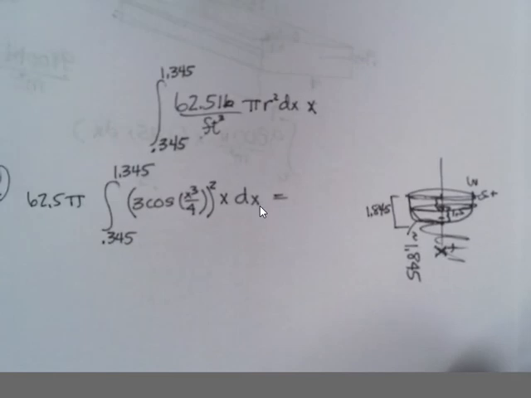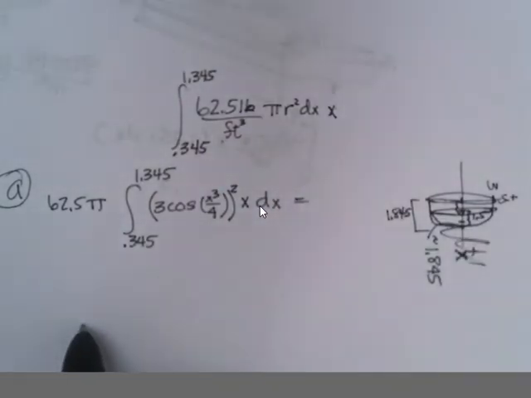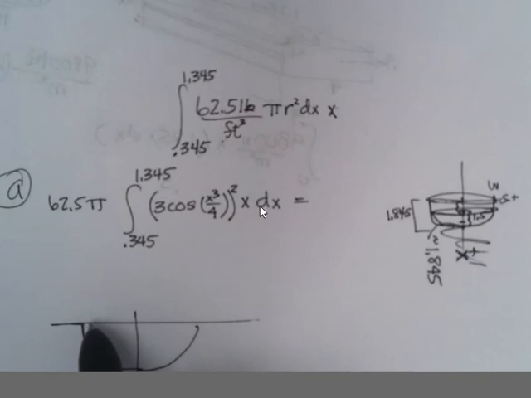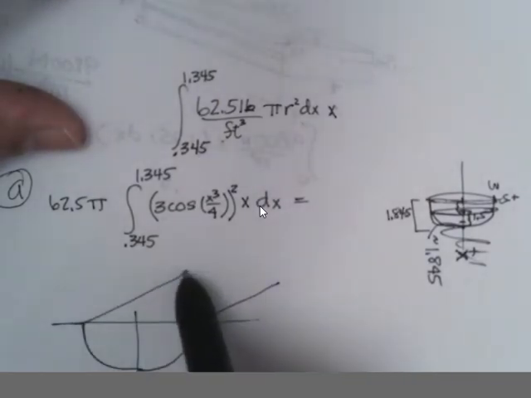So now we have the same tank, same rotation, but now, well, not the same tank. The shape is the same, but they're putting it on an end, that's the end, and the tank is 10 feet long.